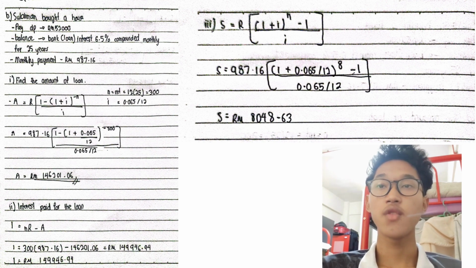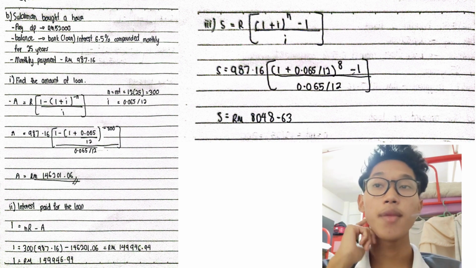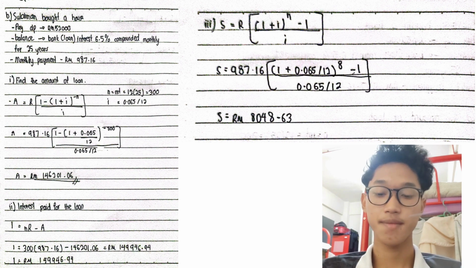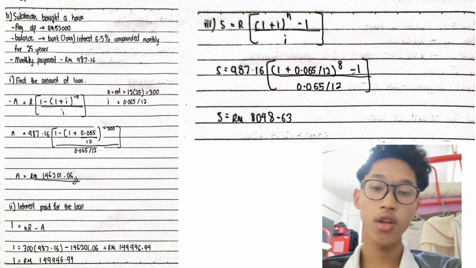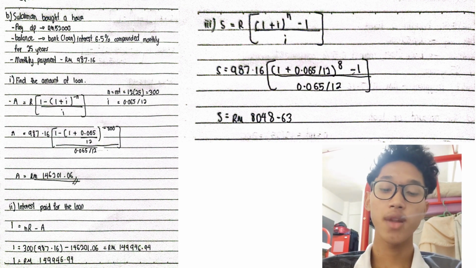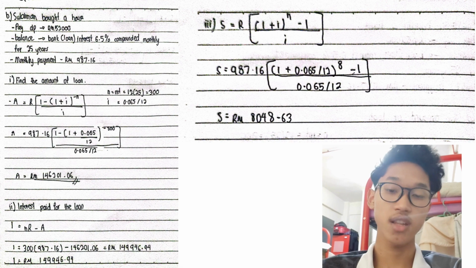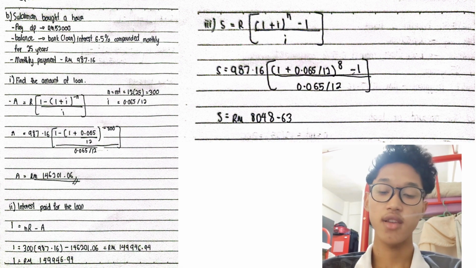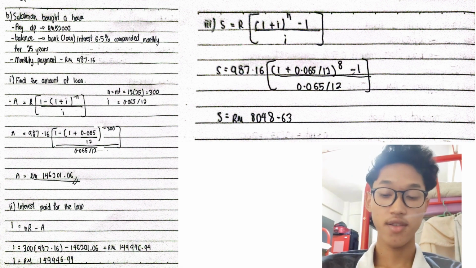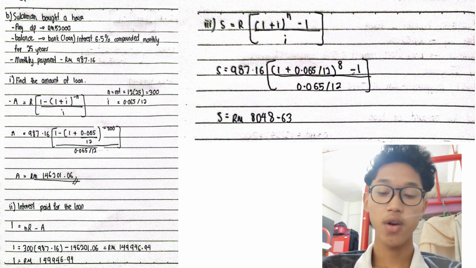And the last one is, if Sulaiman failed to make the first 7 payments, how much should he pay on the 8th payment to settle all the outstanding arrears? We will use the formula of S equal to R, open the bracket, 1 plus i, close the bracket, to the power of n, and then minus 1, divided by i, and then close the bracket. So we will enter the numbers in the formula, as we want to find S. R is 987.16.